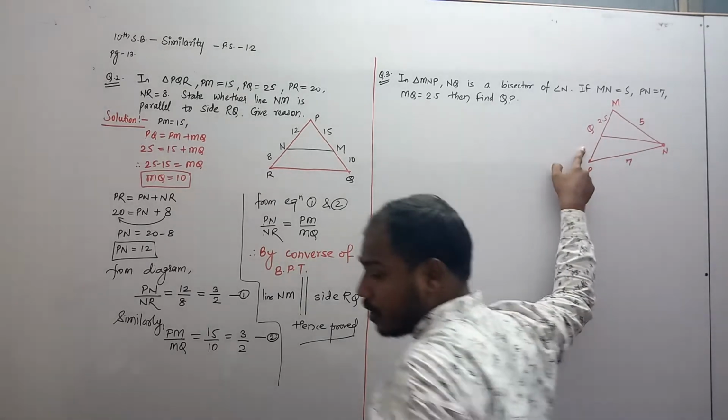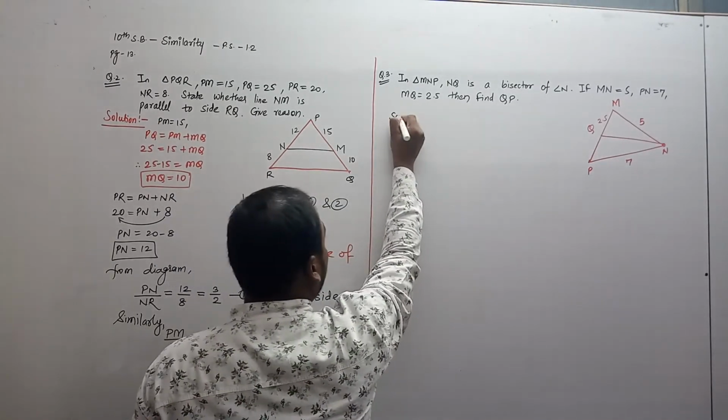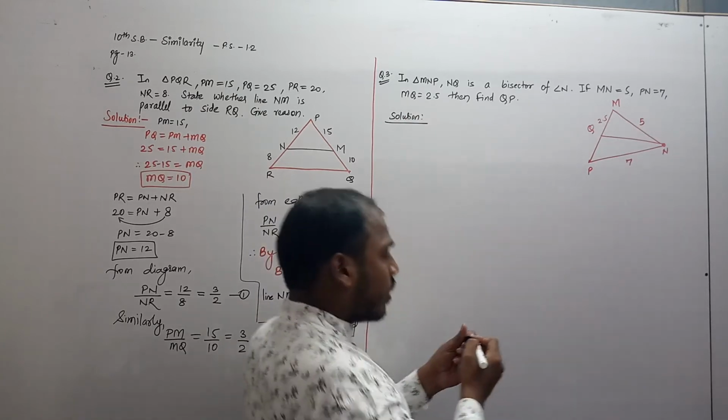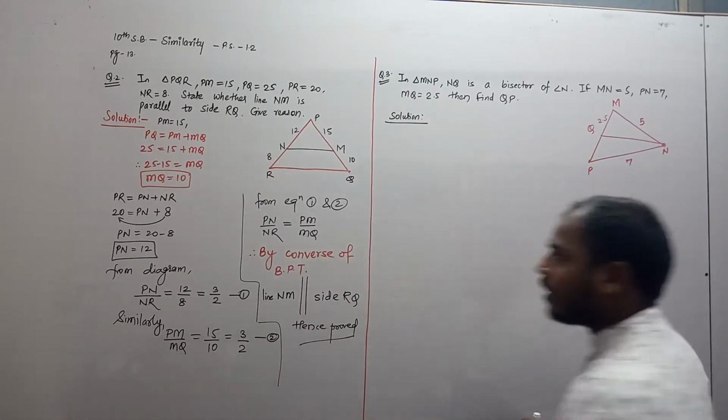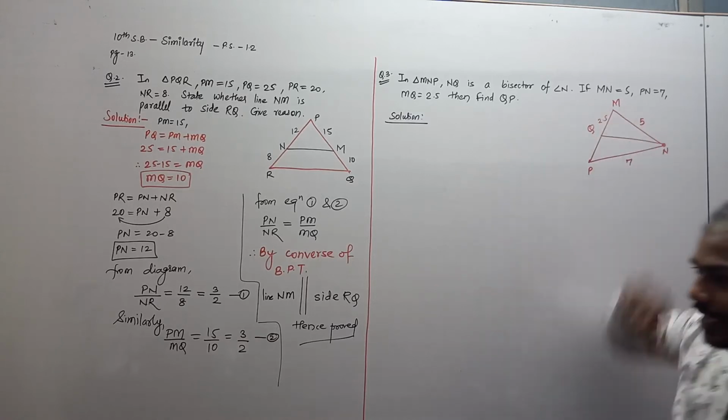If we want to solve this, it is very simple. This diagram looks like an angle bisector, so we will go for the angle bisector.